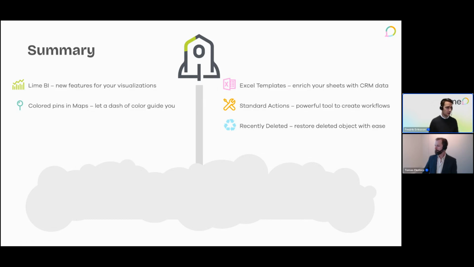And then we also took a look at recently deleted. I deleted something by mistake, perhaps, and I want to just get it back. And that's very simple to do now, as Thomas demoed. If you have any questions, we will be keeping track of the questions channel here in the webinar, and of course, just reach out to us at Lime at any point.